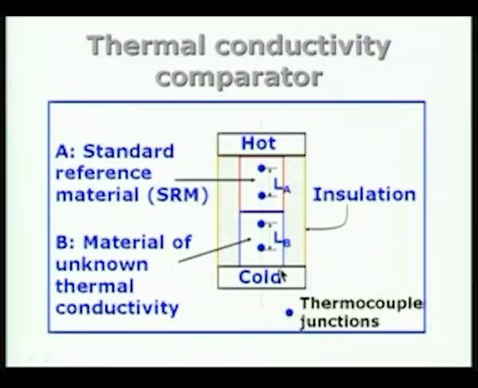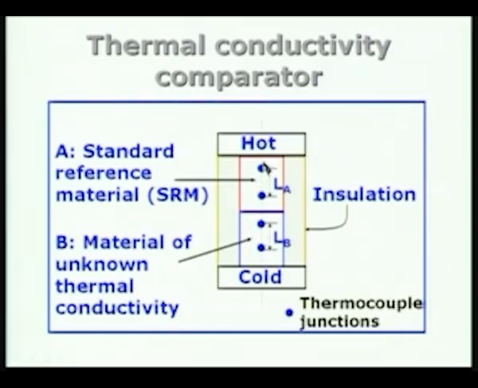Now, what we are doing by this thermal conductivity comparator is to place the two materials, the standard reference material whose thermal conductivity is known and the material whose thermal conductivity is to be determined, in series, and the heat transfer which occurs through the standard reference material is exactly the same as the heat transfer that takes place through the material whose thermal conductivity is to be determined.